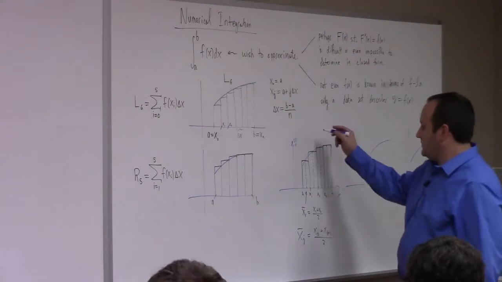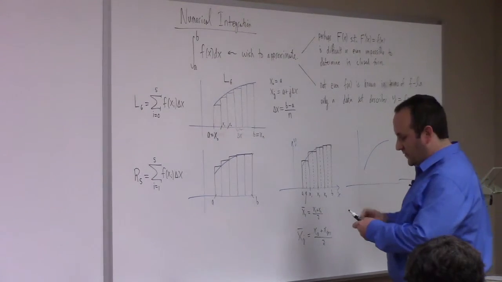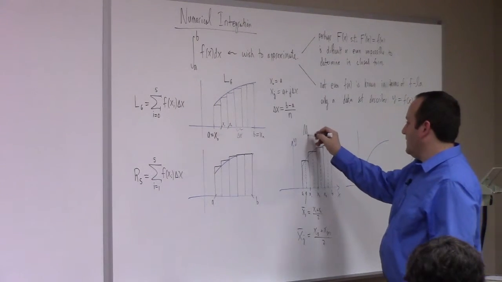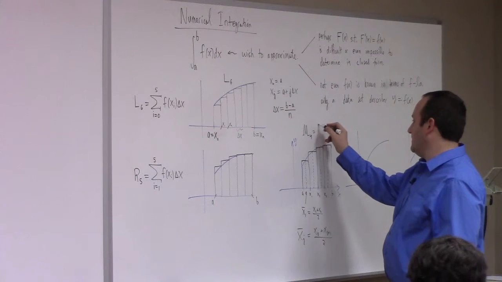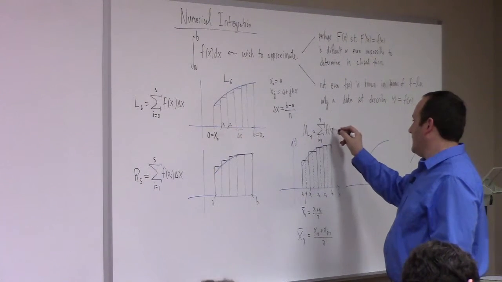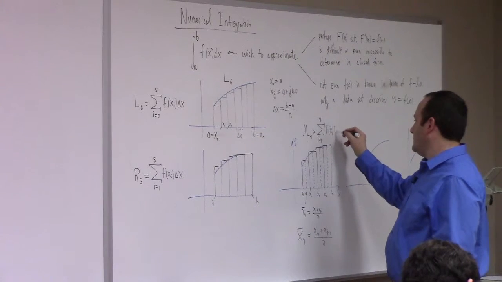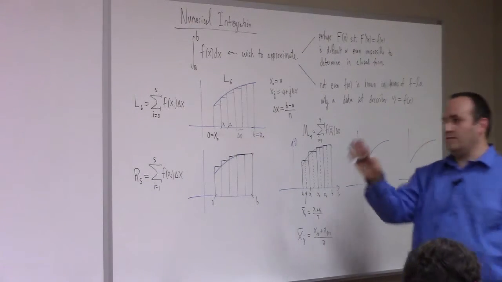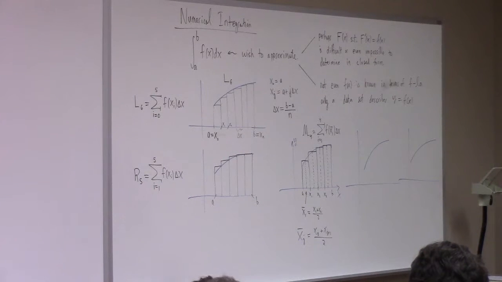But in any event, what I've illustrated here, what's the formula for that? It's M4. What we're looking at is the sum i equals 1 to 4 of f of x sub i bar delta x. So all three of these first rules basically just involve different choices of sample points: either left, right, or midpoint.